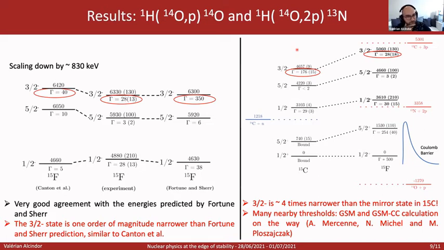So yes, I think he only calculated these two negative parity states above this 1½ minus. Yes. There's a candidate for 3½ minus at 6.3 MeV, but maybe it's too high. In carbon-15, you mean? Yes, in carbon-15. But do you think it would match? Maybe it's too high, but I said that there's something there. Okay.